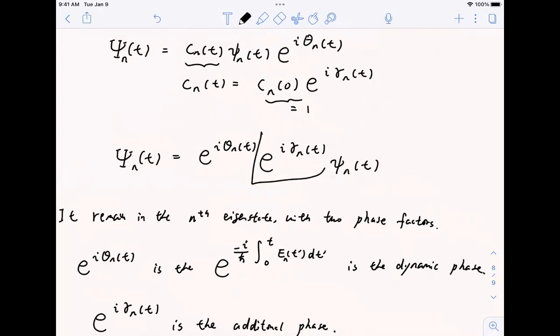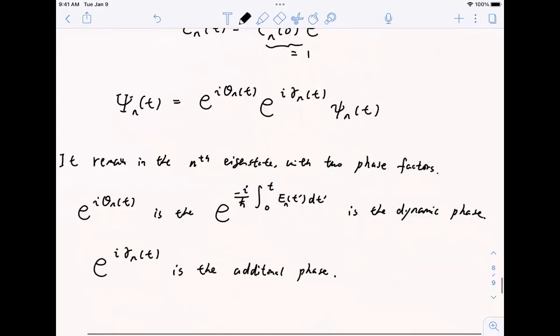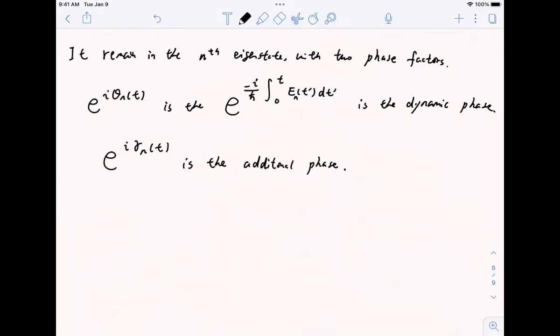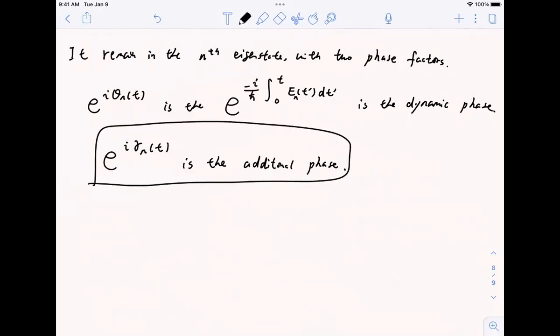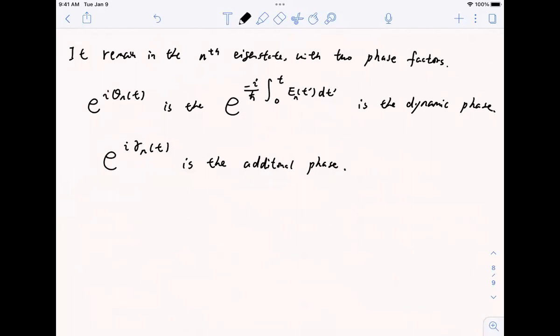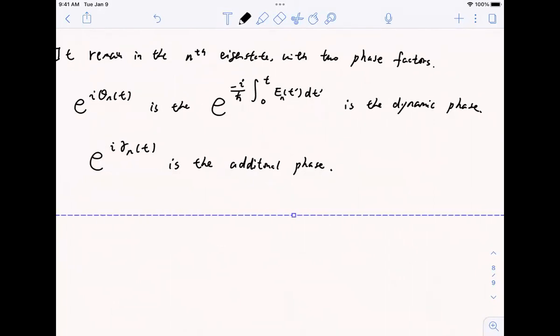This additional phase is what we're going to focus on. It is actually measurable; you can devise some experiment to measure this additional phase.